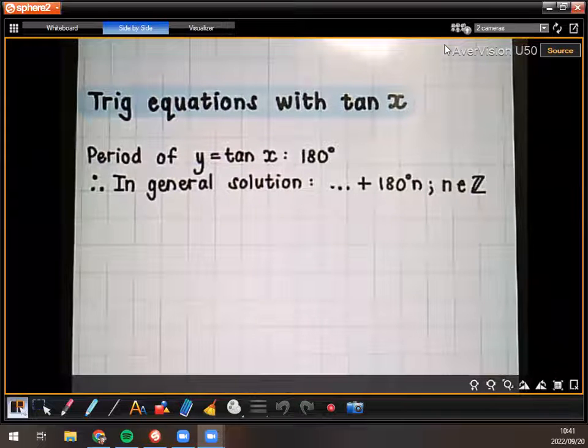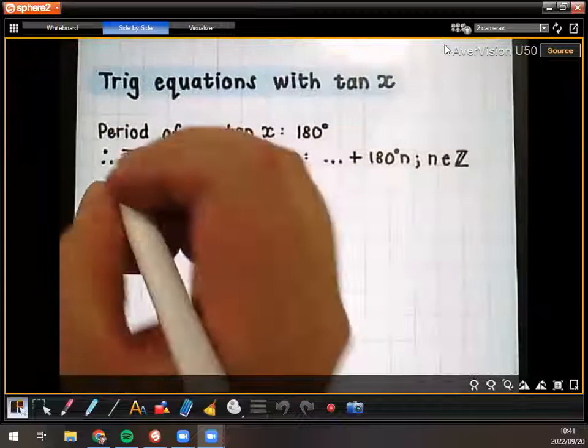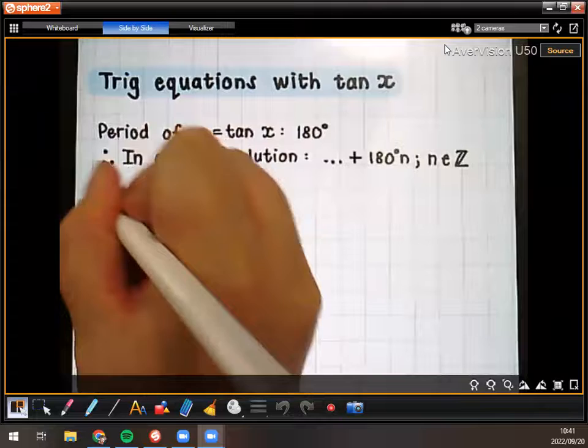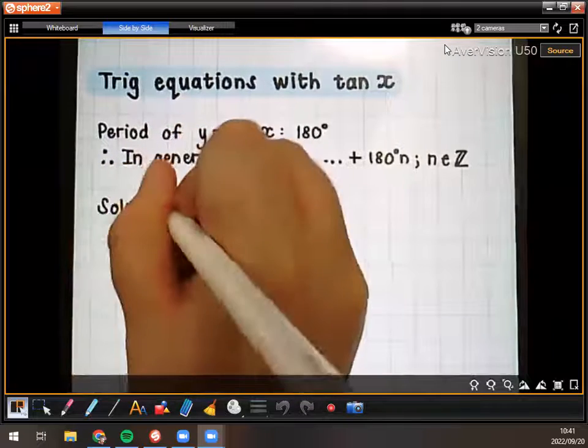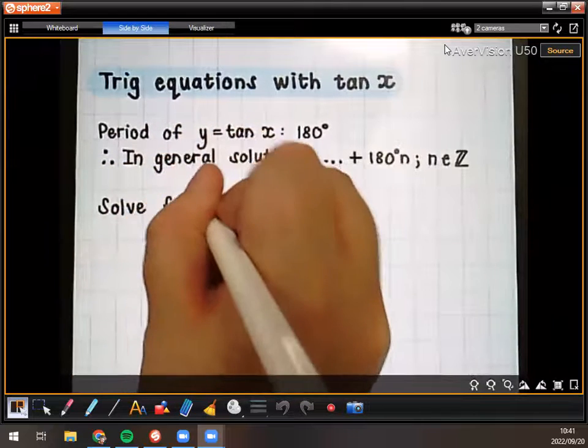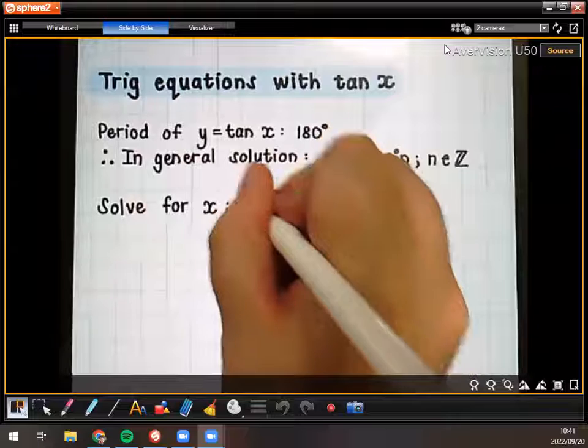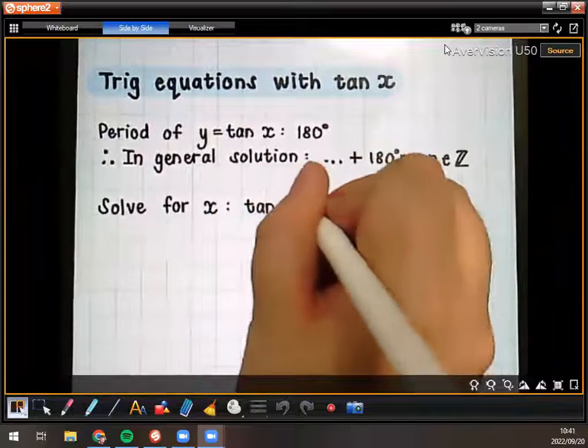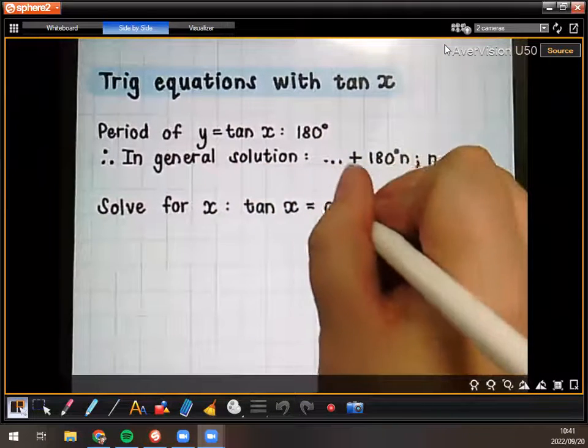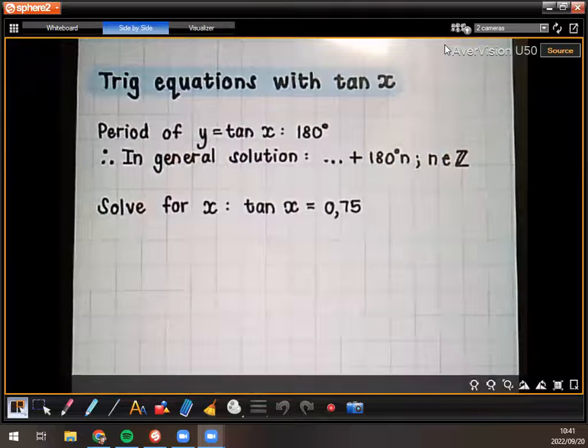Okay, there is a second thing, but we actually have to do an example for you to be able to see what is different. So I'm just going to do one example. Solve for x: tan x equal to 0.75.